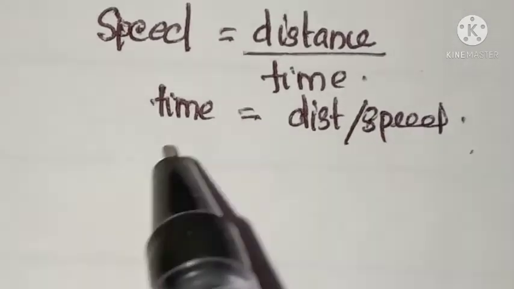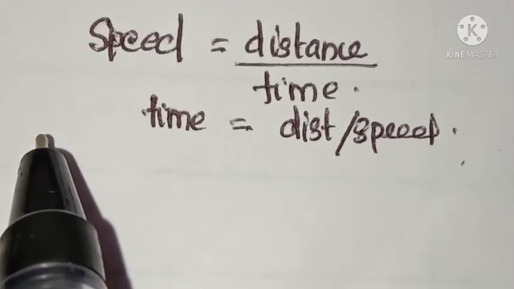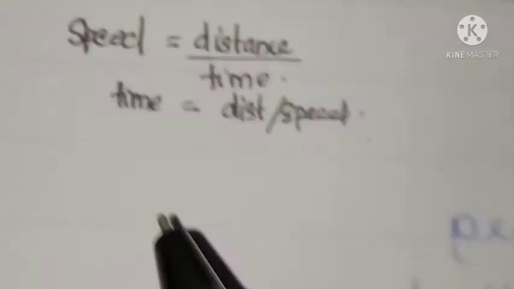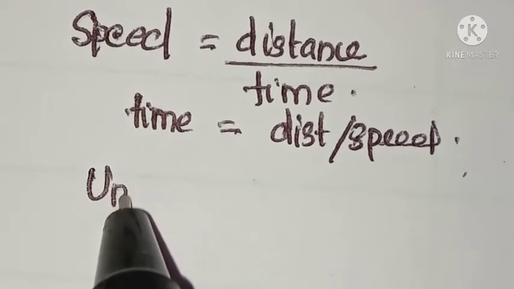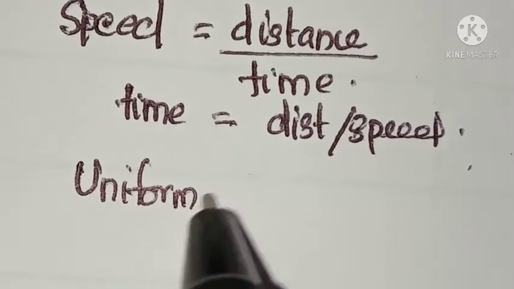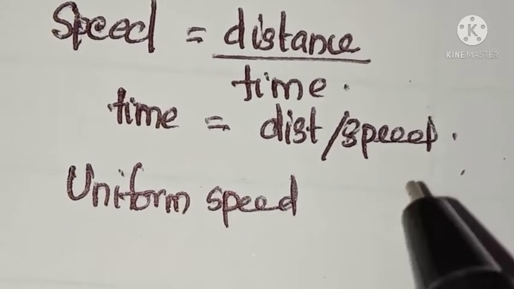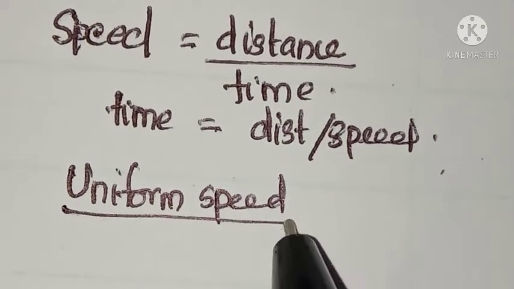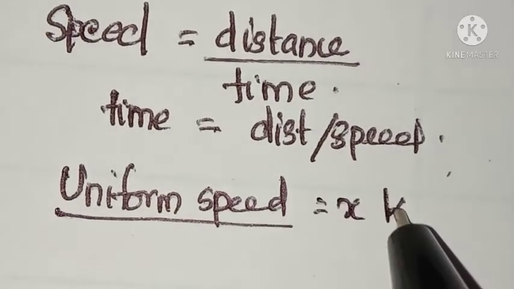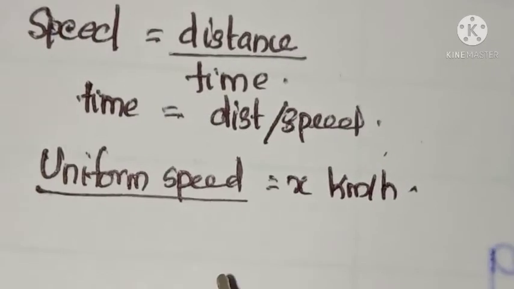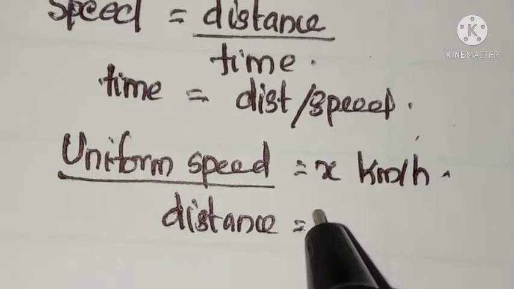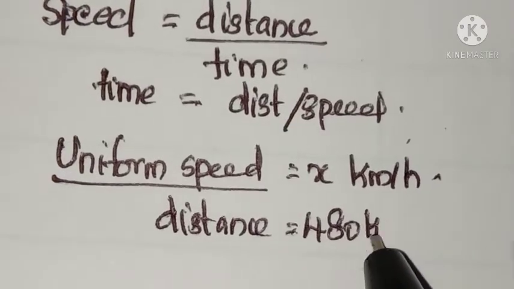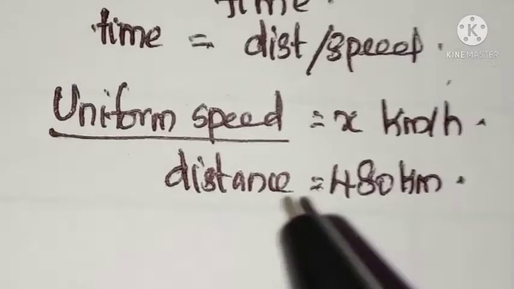Listen, the first sentence is: a train travels a distance of 480 km at a uniform speed. Note down uniform speed. So let us introduce the variable, uniform speed as x km per hour. And the distance is given, distance is equal to 480 km.